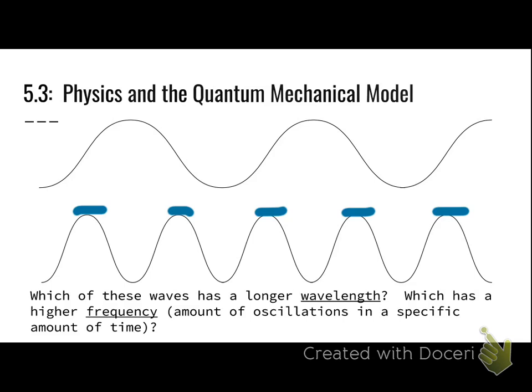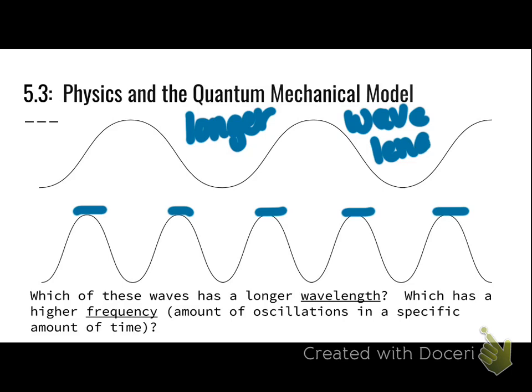The wave that we should have selected to have the longer wavelength is the first wave. And the wave we should have selected to have the higher frequency is the second wave.